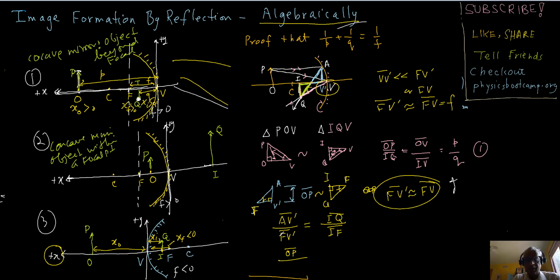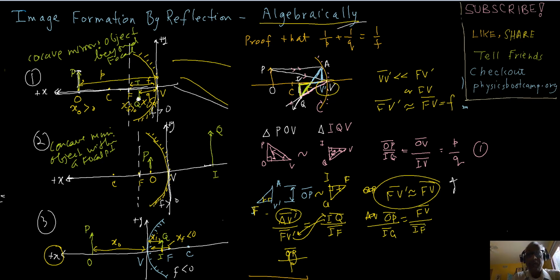Oh, so I should write it like this. Bring this guy over here and this guy over there. So AV prime is OP, IQ is the IQ distance, and this FV prime is FV, and this is IF.